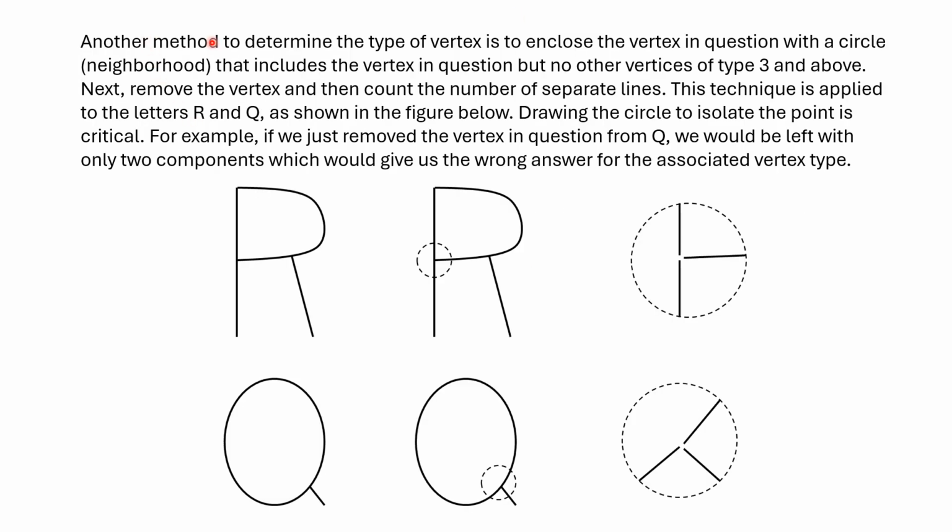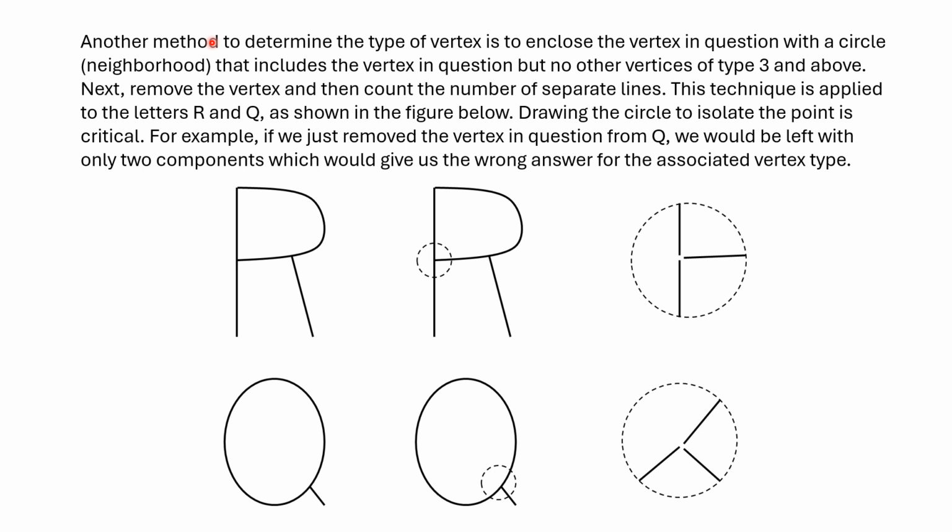Another method to determine the type of vertex is to enclose the vertex in question with a circle or a neighborhood that includes the vertex in question but no other vertices of type 3 and above. Next, we remove the vertex and then count the number of separate lines, and that gives us the type of vertex.